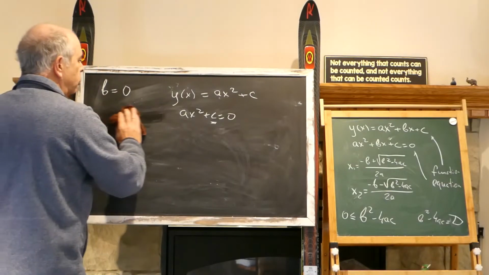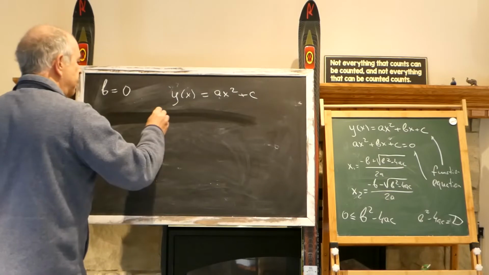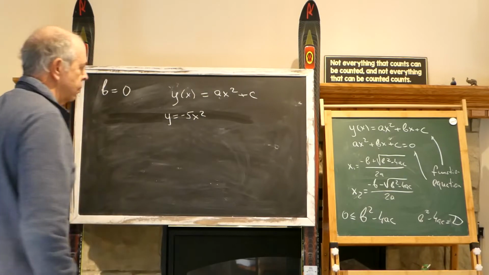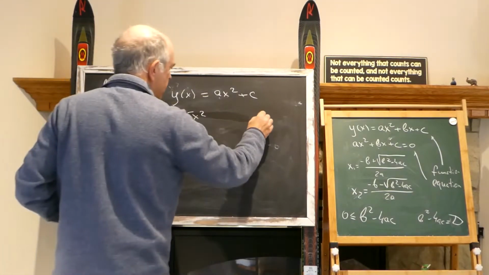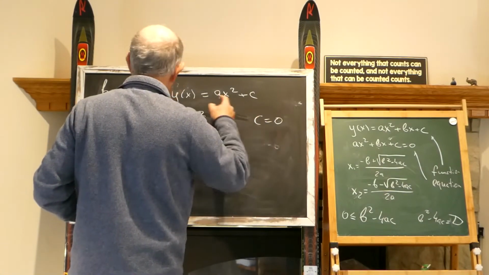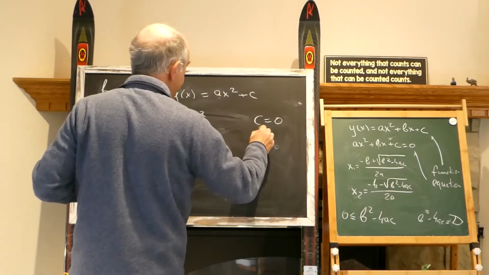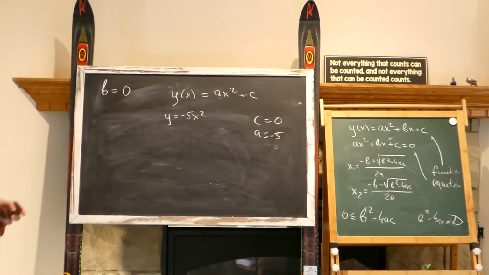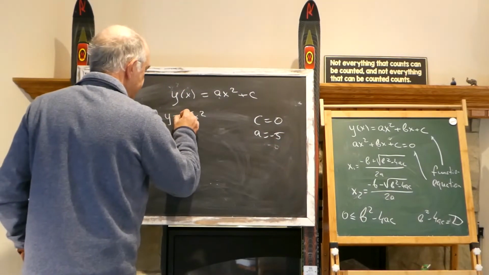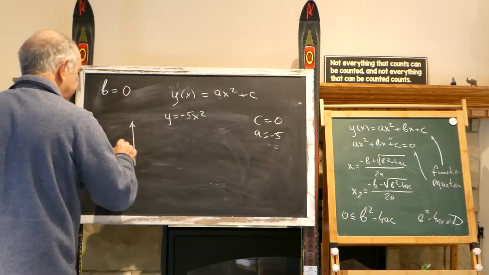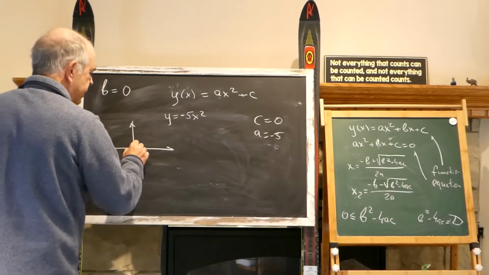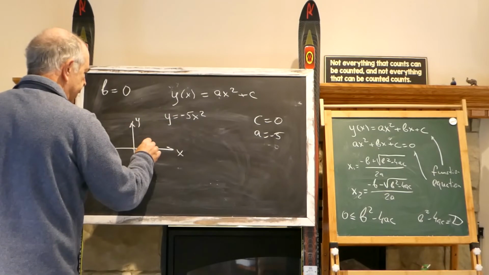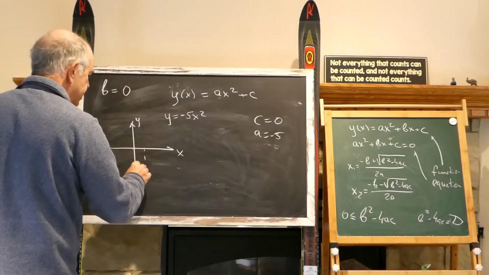One other word about a. For example, if y equal minus 5x squared, so c is equal 0, b is always equal 0 today, and a is equal minus 5. What changes? If this is minus 5, then the graph would be x equals 0, y equals 0, but x equal 1, it would be minus 5.